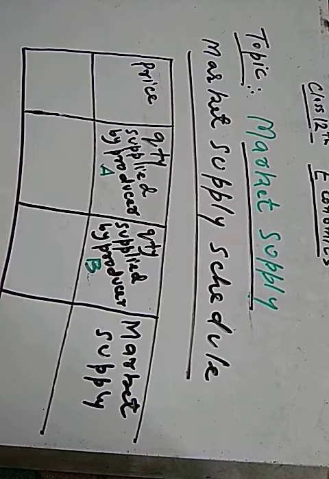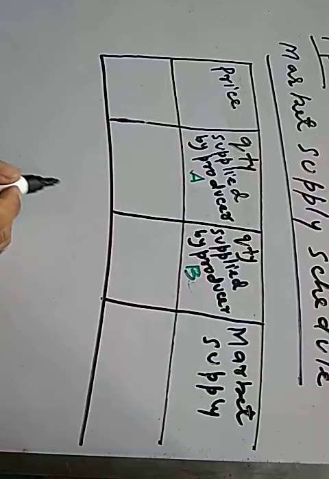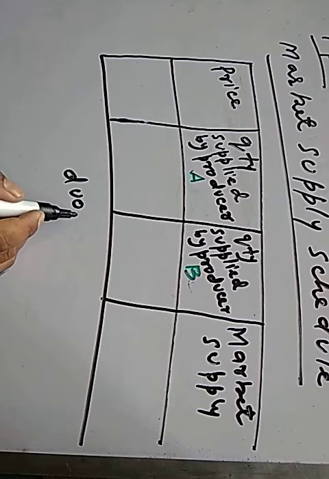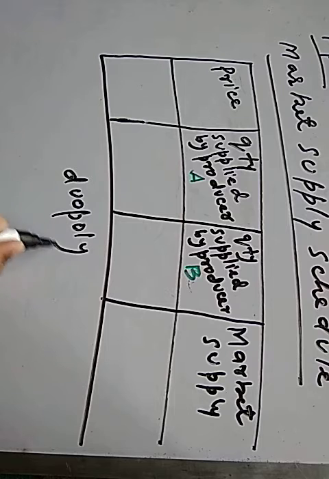यहाँ पे जो हमने मार्केट लिया है इसमें हमने दो प्रोड्यूसर्स लिए। In a market when there are two sellers, that type of market is known as duopoly market. हमने जो यहाँ पे मार्केट लिया है वो है duopoly market, means two sellers in a market.